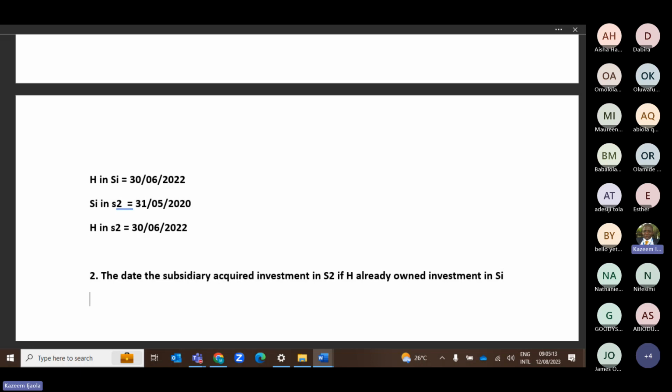Let me call it subsidiary, right? H means parent, already owns investment in the subsidiary.